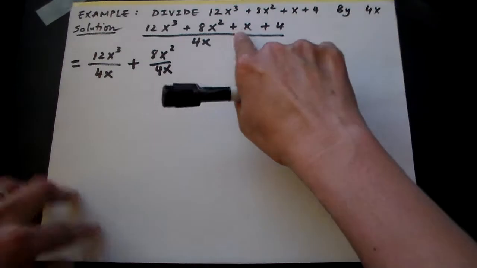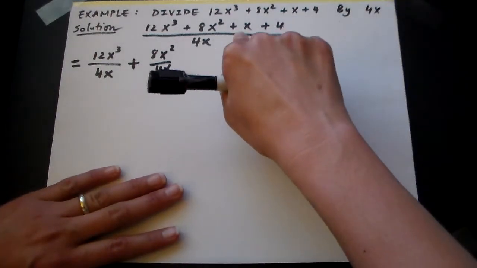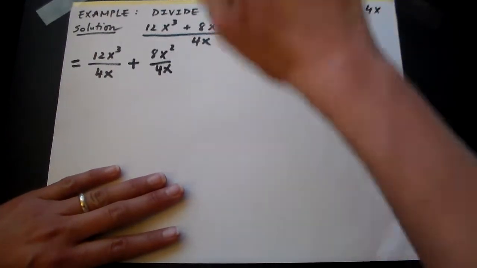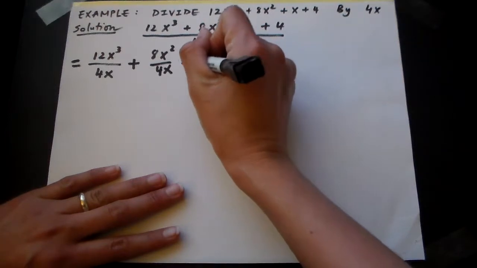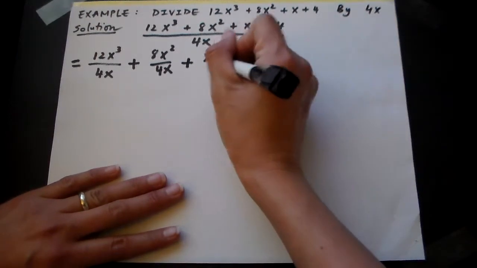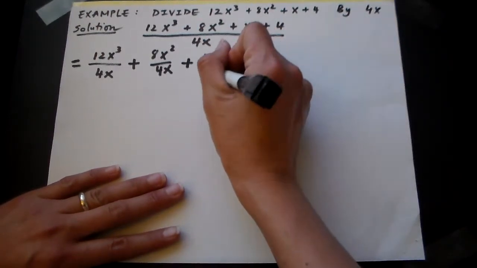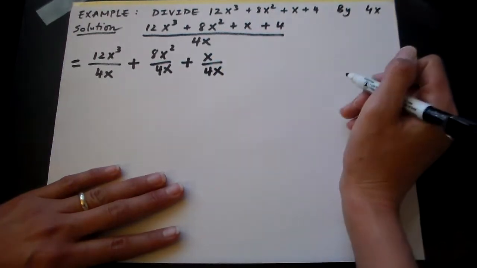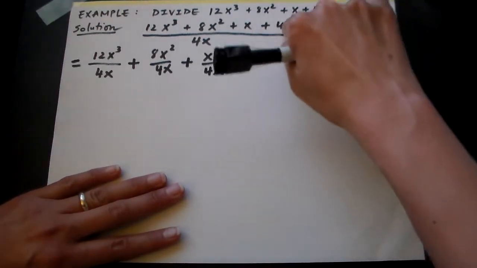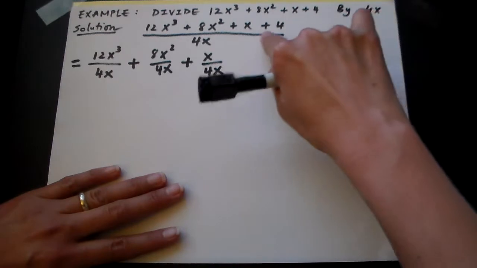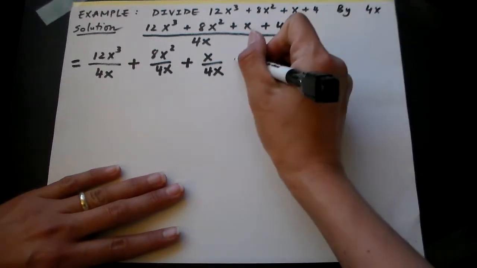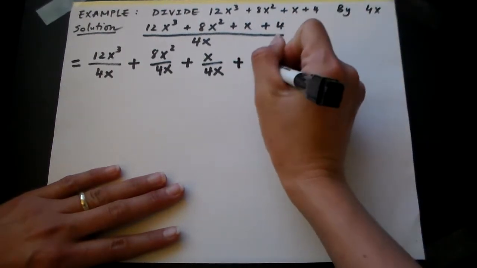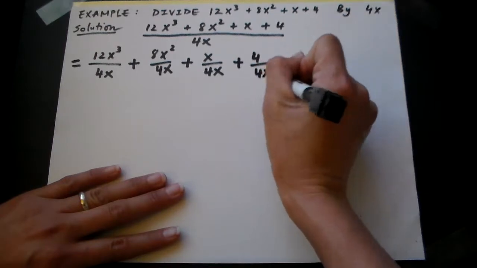Next, the third term also has a positive sign, positive x. So the sign is the same, x divided by the denominator 4x. And then we have one last term in the numerator, which is positive 4. So take the top 4, divide by 4x.